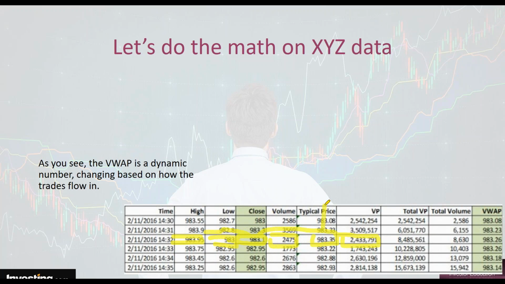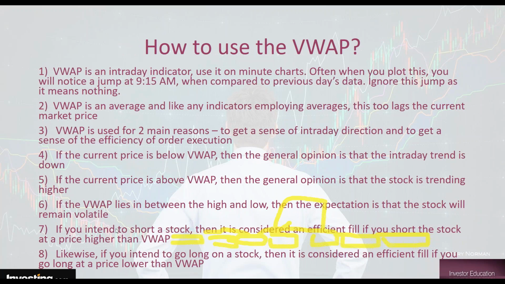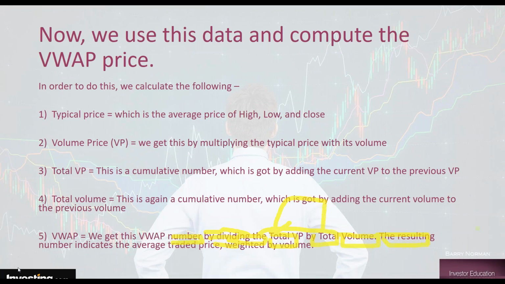So we take our typical price and multiply it times our volume, which gives us our total VP, our total volume price. So we now have our total volume price.